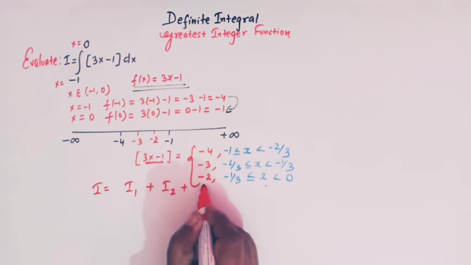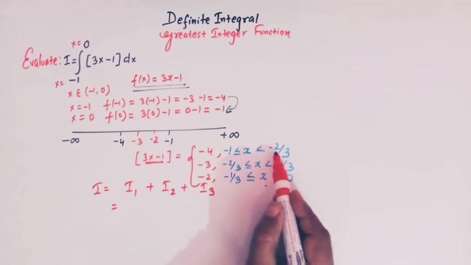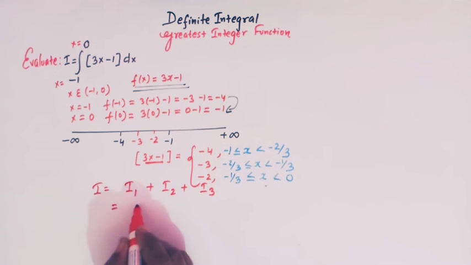I1, I2 and I3, and I1 varies from minus 1 to minus 2 over 3, right?